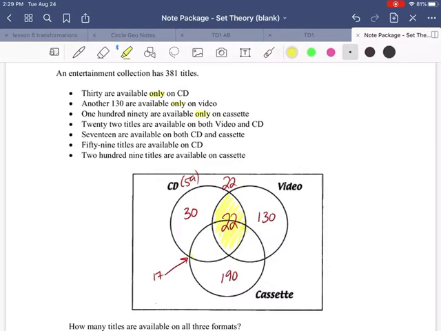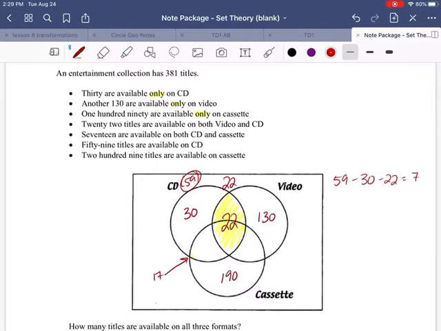That means if we then focus on this big circle here, really what we have is the 59 total for CDs, minus the 30 that are only CD, minus the 22 that are CD and video. That leaves us with 7.